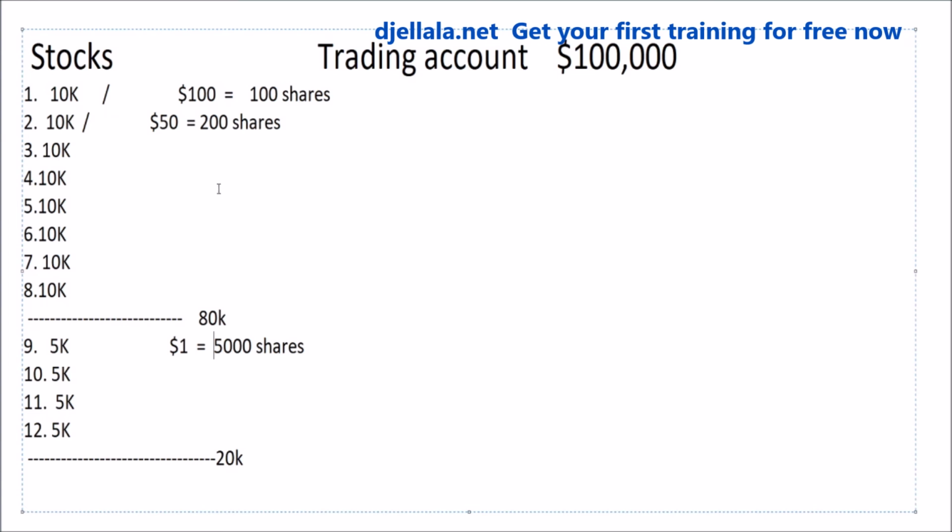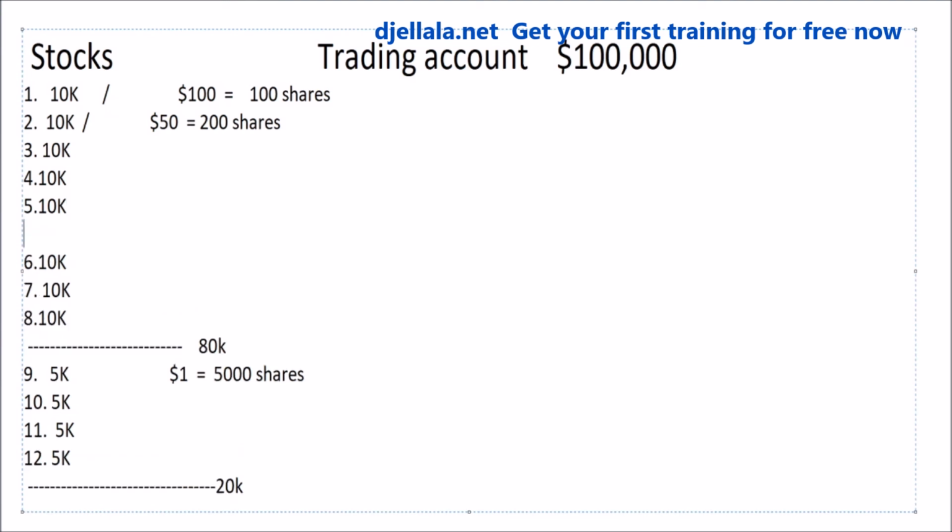Okay, if I want to make my trading account go quicker, I can put 2 stocks or 3 stocks like here. I can put these 3 stocks, we have 30,000. So let's say here it becomes 30,000, and this is 50,000. Then I have found a stock that I like too much, and I expect too much from this stock.